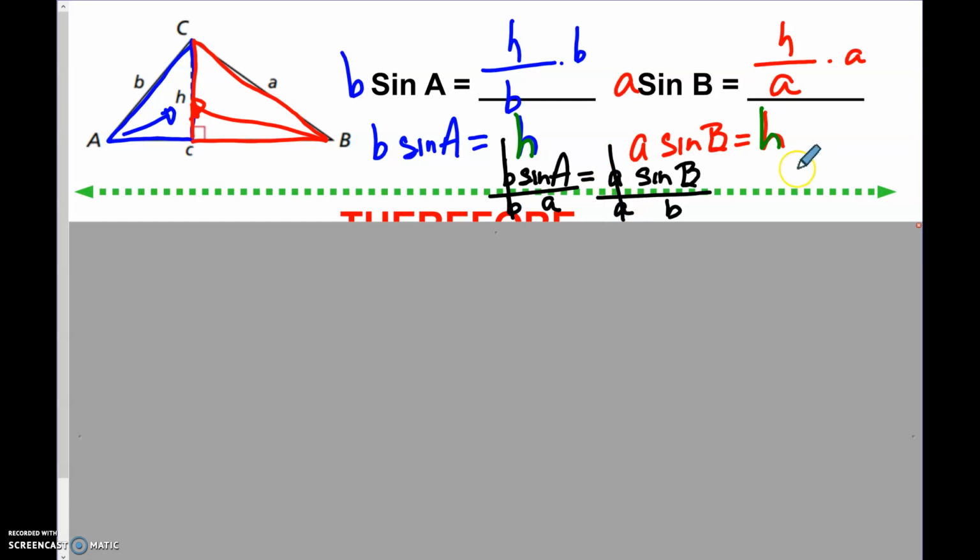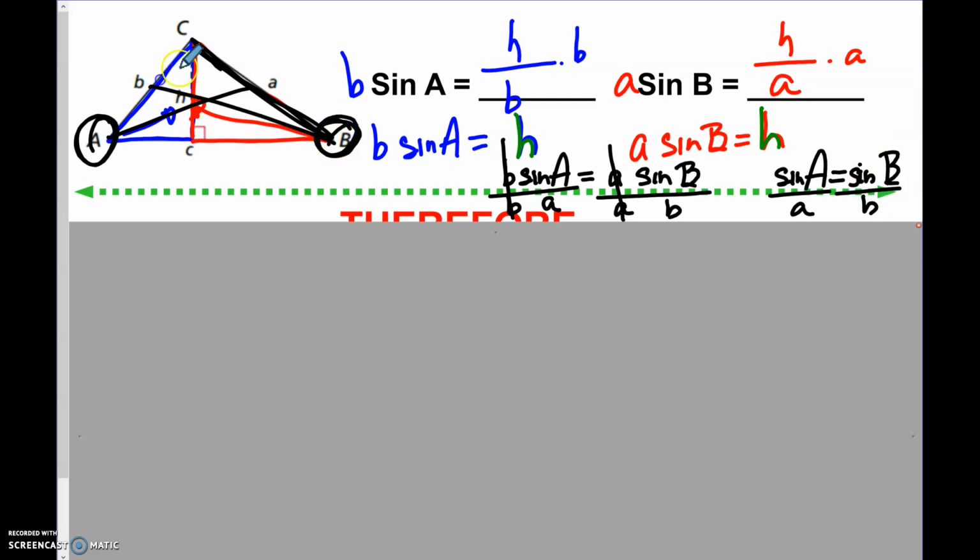And what we are left with is the sine of A over the side opposite, little a, is equal to the sine of B over little b, the side opposite.